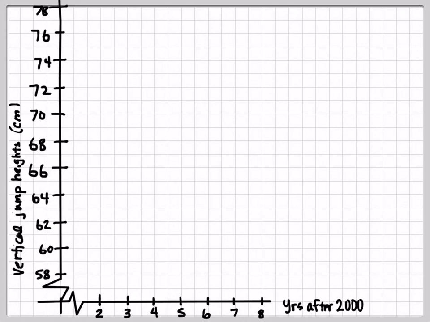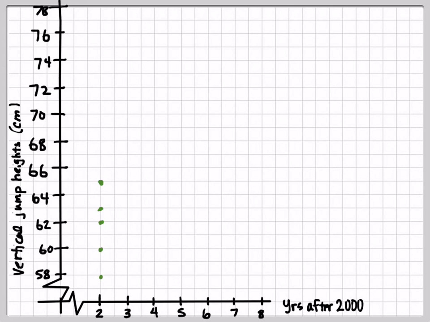And then we're going to put data in. We're going to take our 2002 data and put a dot for every single one of them. So above 2002, I have 65, 63, 60, 62, and 58.